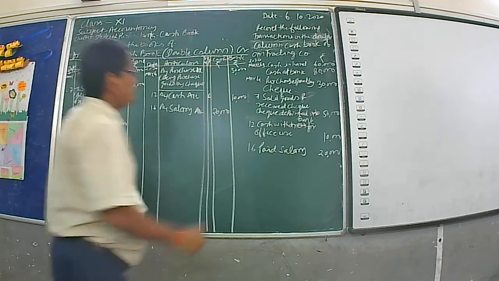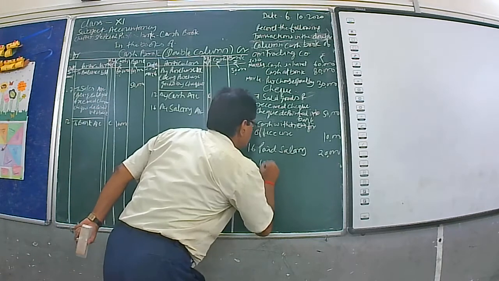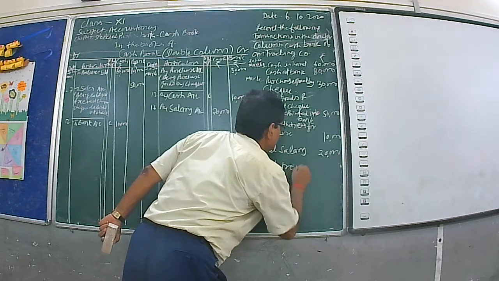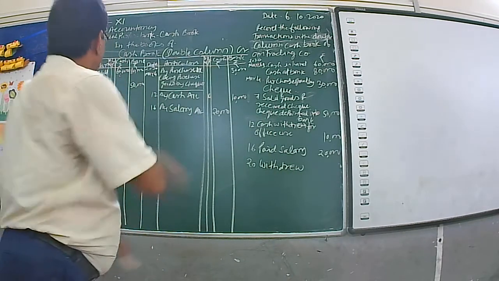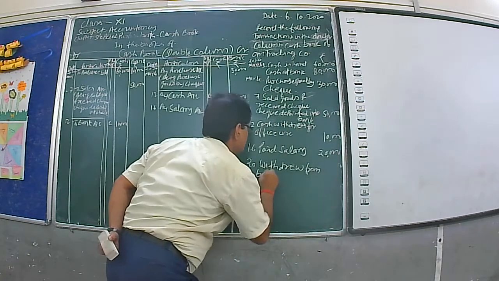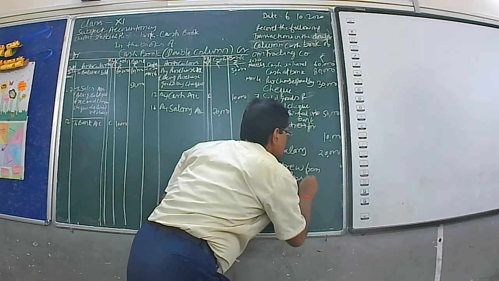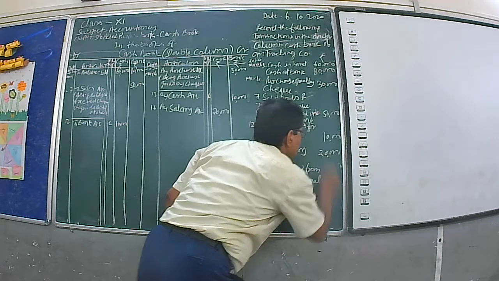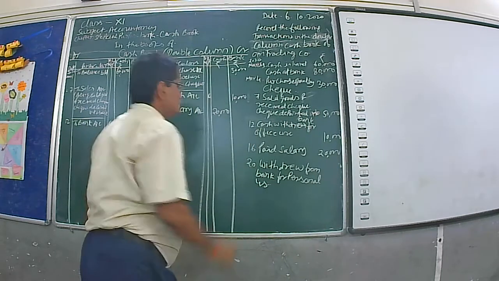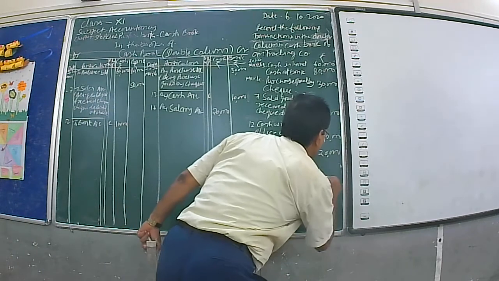Next, 20. Withdrew from bank for personal use, rupees 20,000.